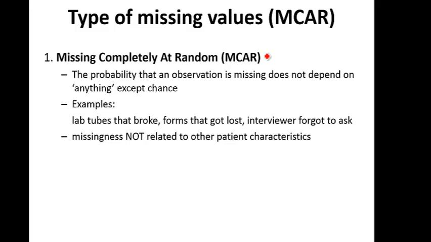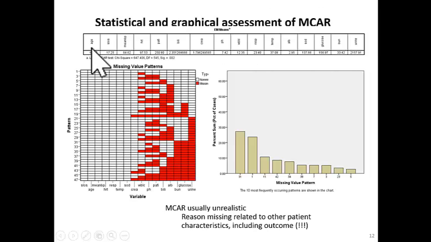Such missing is totally random; it has nothing to do with patient characteristics or disease severity. That's the situation for missing completely at random. SPSS can easily test for this. I will show you how to do it later in another video.